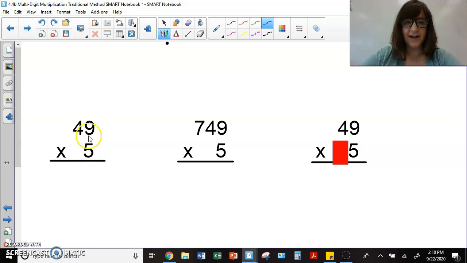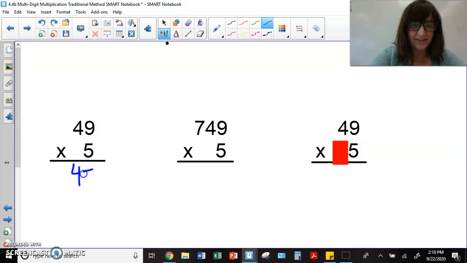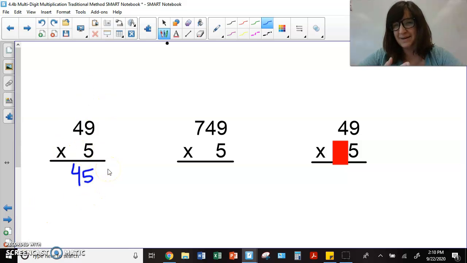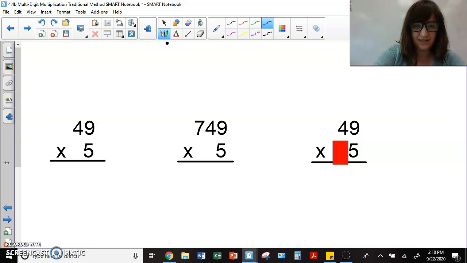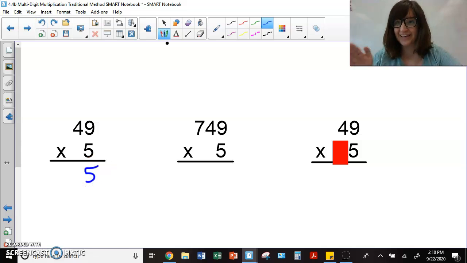So let's go. 5 times 9 is 45. I can't write 45 down here because that 4 gets in the way of the next number that I'm going to write. So just like with adding, you keep the ones place at the bottom and you carry the tens place over to the next place.